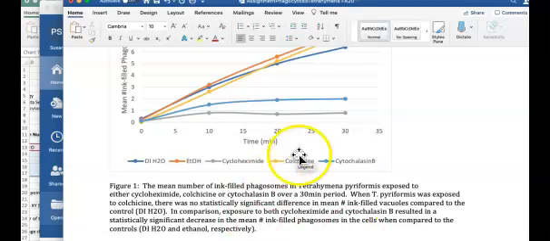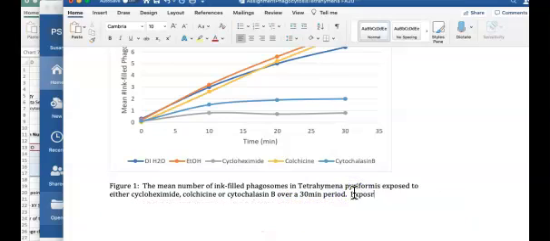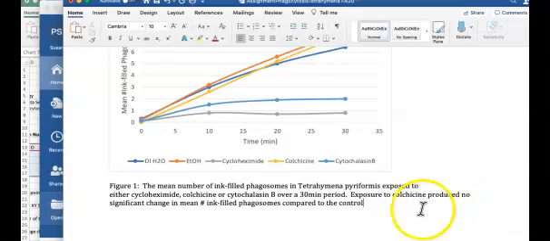Now, is this exactly how you have to write a caption? No. You put a caption in your own words. You could word this a couple of different ways. You could say, exposure to colchicine produced no significant change in mean number of ink-filled phagocytomes compared to the control. You could begin with the other two treatments.